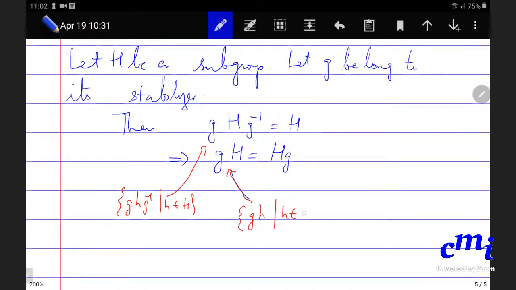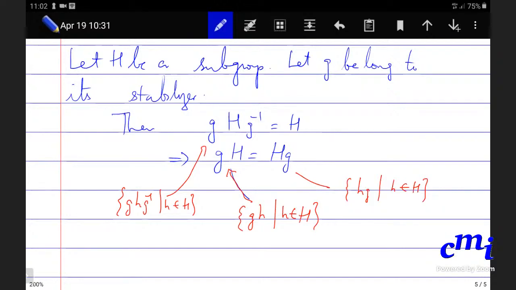This little h is the only thing that is actually quantified over. And this is the set of all hg such that h is inside H. So in other words, the left coset gH is also the right coset Hg.